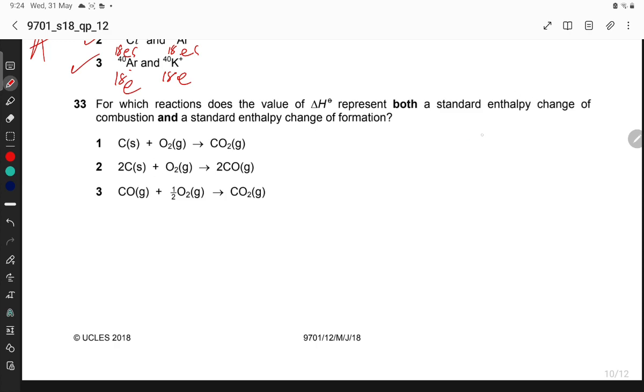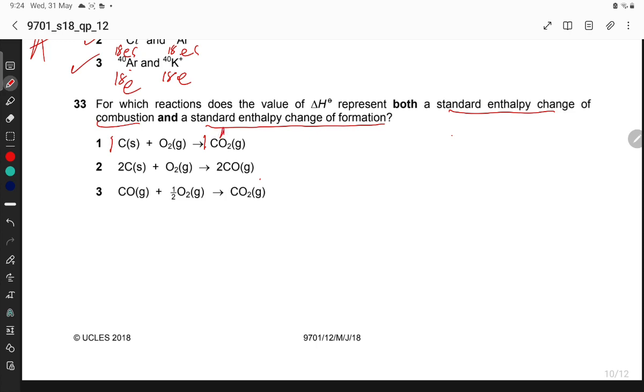Standard enthalpy change of combustion is defined as 1 mole of a substance reacts with excess of oxygen to form carbon dioxide, and for enthalpy change of formation, 1 mole of compound is formed.